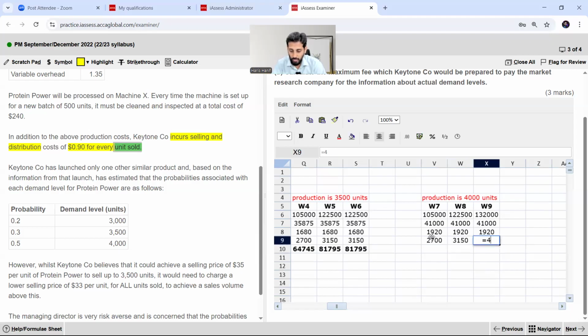Here 4,000 multiplied by 0.9. That's it. And please note that in order to sell 4,000 units, you have to reduce your selling price to $33. Now simply calculate the profit figure. Now this is my profit figure, right?